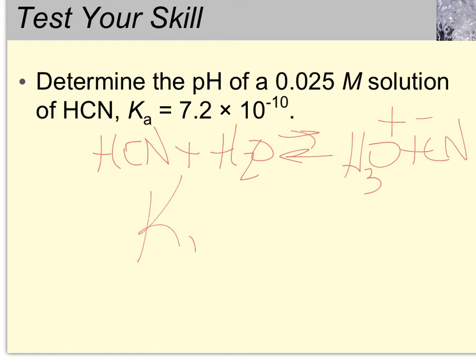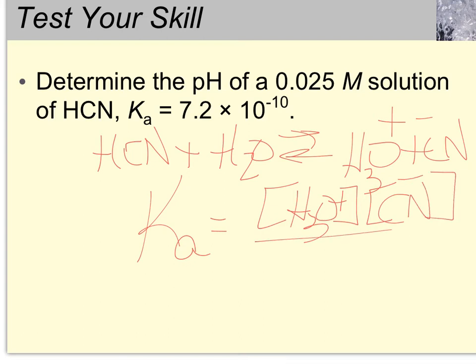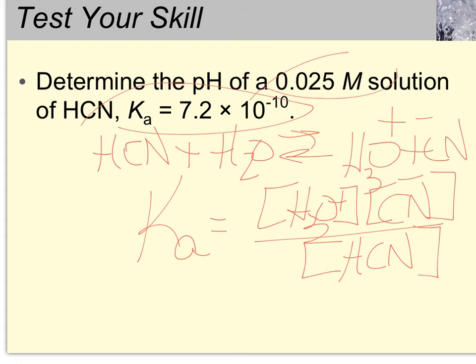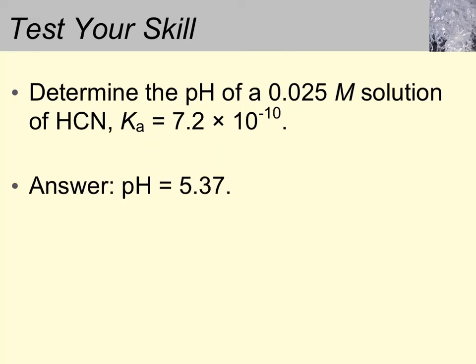Okay, so Ka, of course, concentration of hydronium ion times concentration of the conjugate base over concentration of the original intact acid, all at equilibrium. This time they gave us Ka and the initial concentration of the acid. Let's go ahead and set up an ice table.